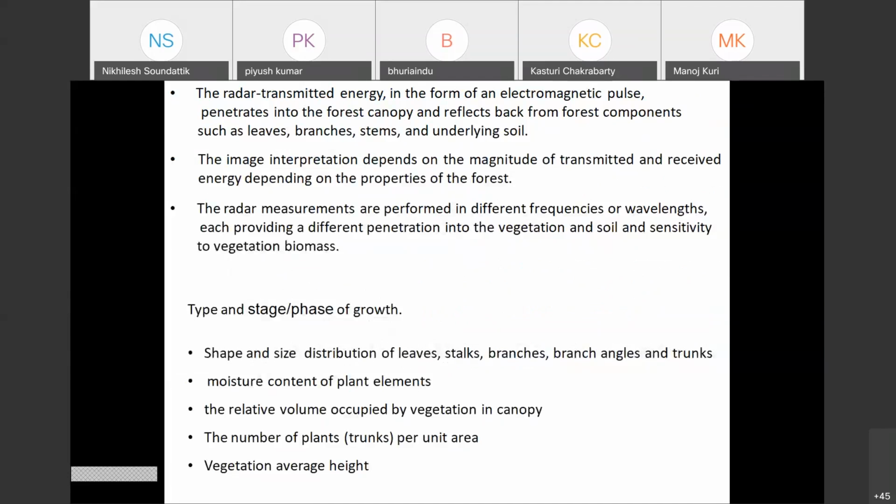The characteristic in which radar is advantageous over optical is that it can penetrate into the forest canopy, and it interacts with the various leaves, branches, stems, and underlying soil.